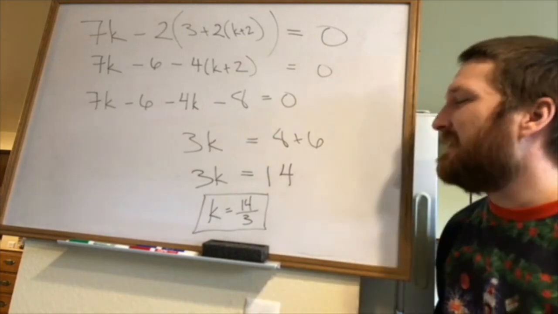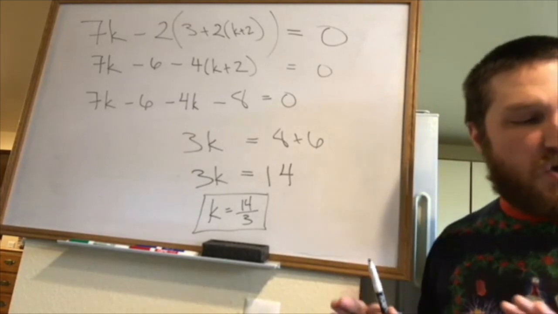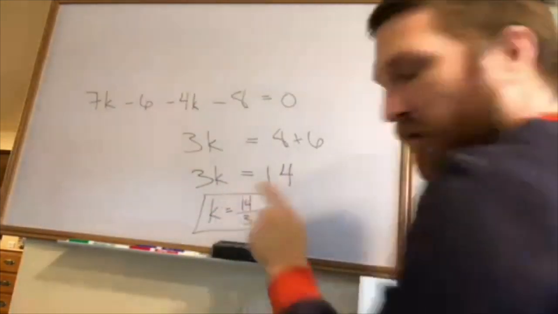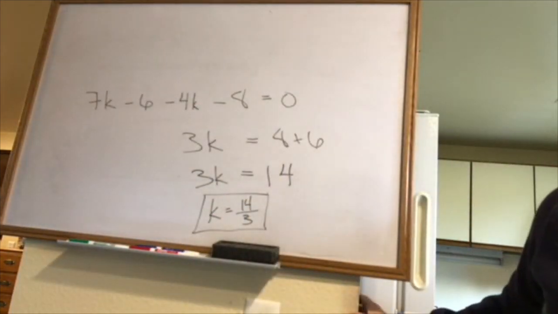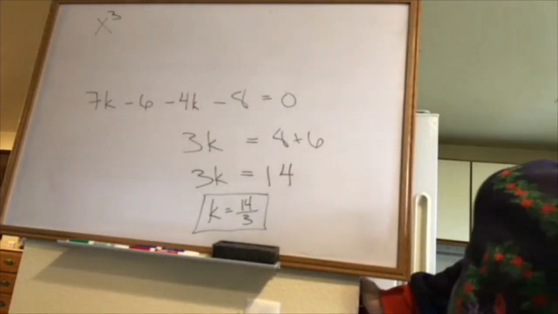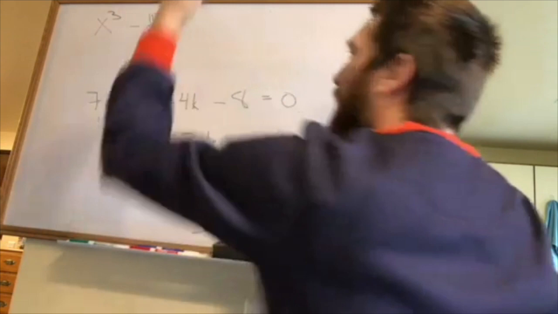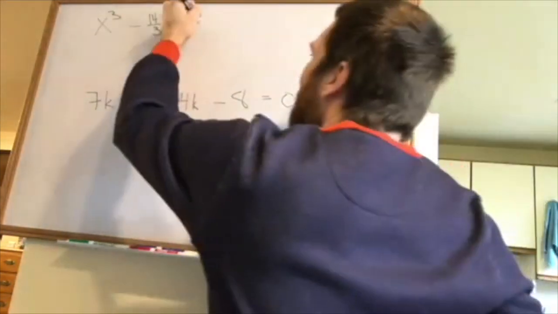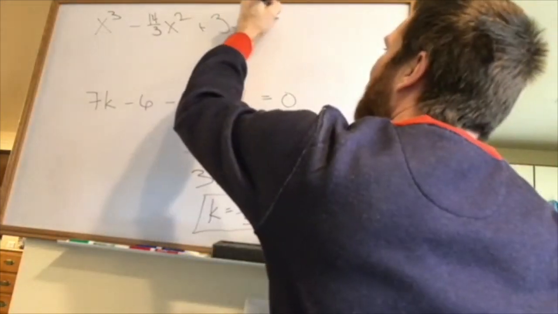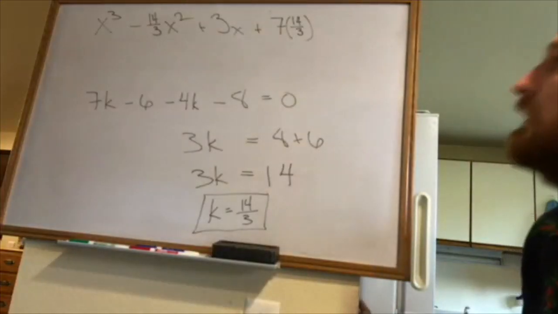Okay. And so now let's just put this back in context. What this question is saying is that if our original polynomial were x to the third minus 14/3 x squared plus 3x plus 7 times 14/3, which we could rewrite if we were so inclined.